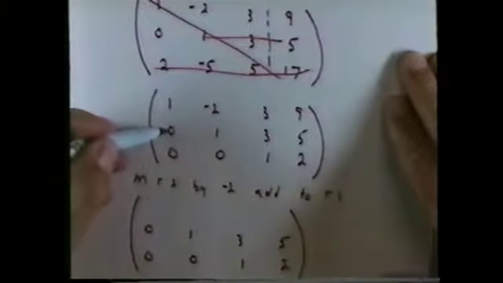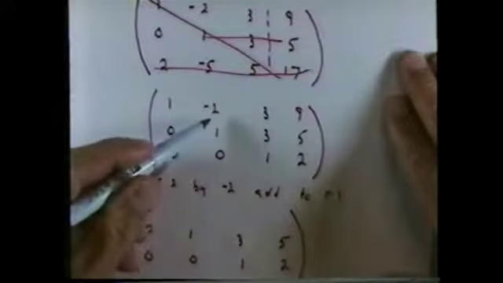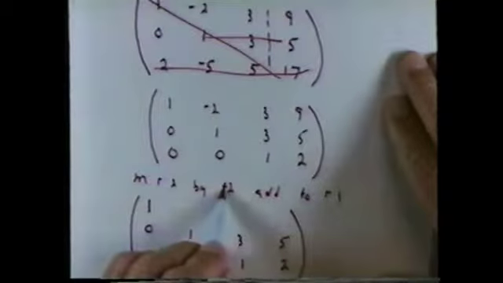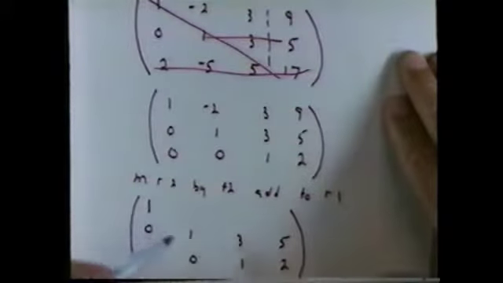Negative 2 times 0 is 0. 0 plus 1 is 1. Negative 2 times 1 is negative 2. Well, in order to make that 0, I don't need to multiply by negative 2. I need to multiply by positive 2, because I want a 0 there. So positive 2 times 0 is 0. 0 plus 1 is 1.